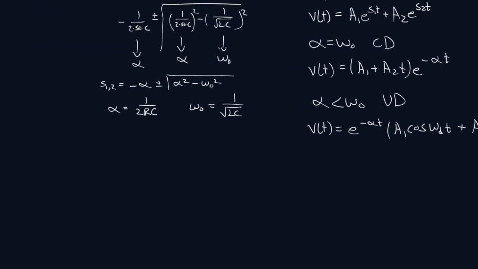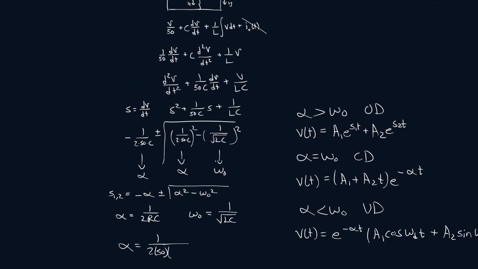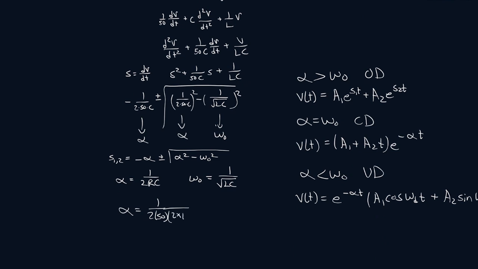so we're going to find alpha, which is 1 over 2 times the resistance, which is 50, times the capacitance, which was 2 times 10 to the power of minus 5, and that should give you 500, and that's in radians per second.